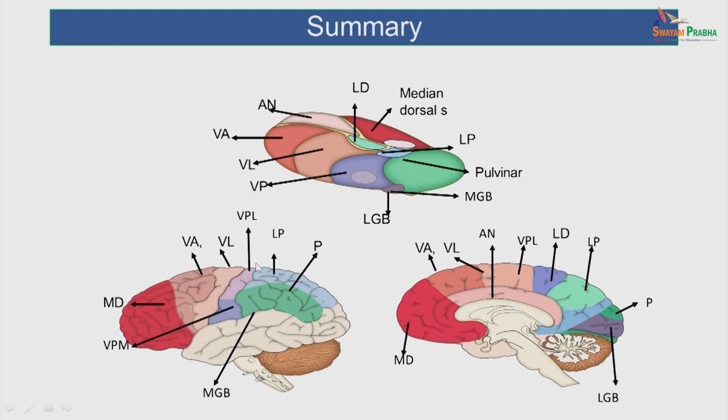In the upper part is the VPL nucleus, and in the lower part is the VPM nucleus, conveying the trigeminal lemniscus and the gustatory pathway. Then the pulvinar is connected to the inferior and also the superior parietal lobule, and you have the lateral dorsal and the lateral posterior nucleus.